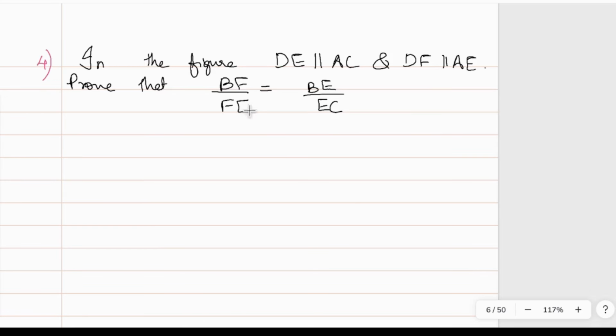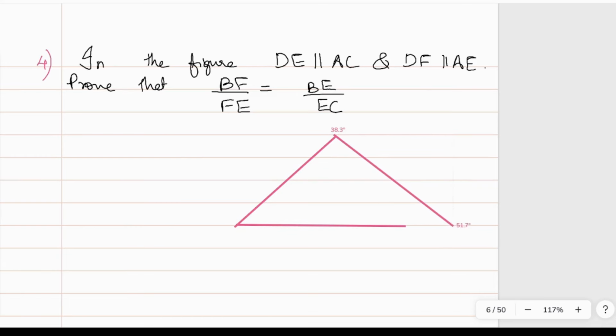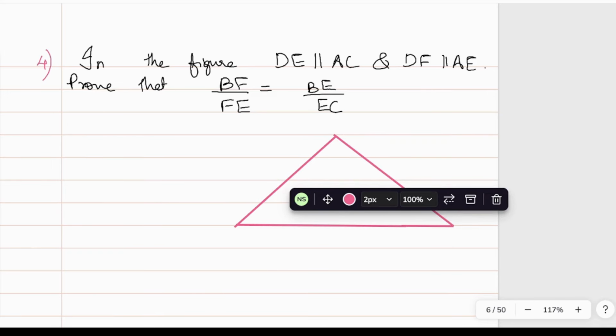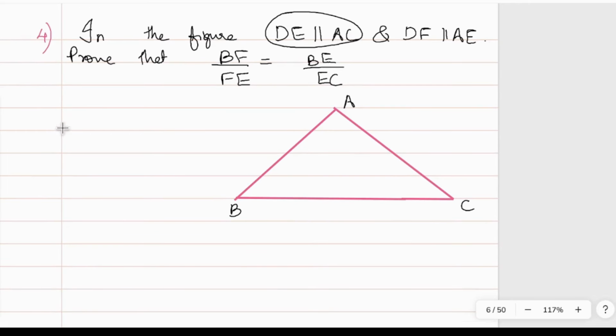So here in the question they have given us the figure 2. Let me draw the figure first. Okay, this is the given figure, and this is the triangle A, B, C. First let me write all those things given here.